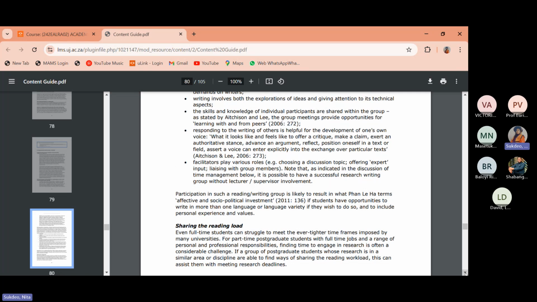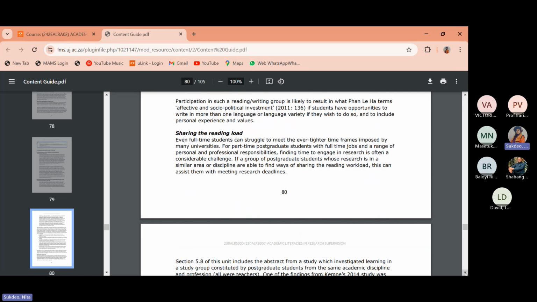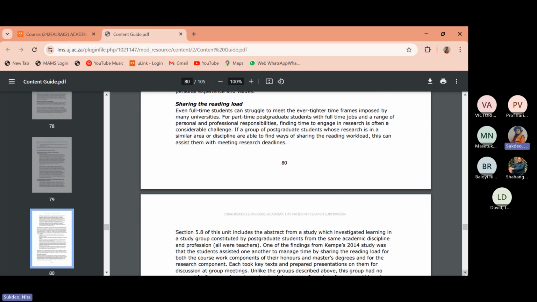Then you've got formal writing groups and so on. Sharing the reading load. I actually tried this as a practice, where you have specific deadlines, tight time frames, and the university wants A, B, C, D done in a specific time, but we don't have enough time to read all the work that is put out there.